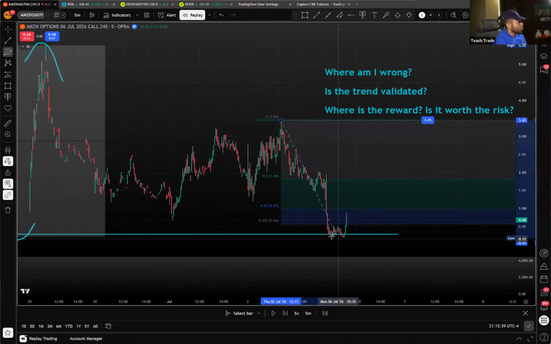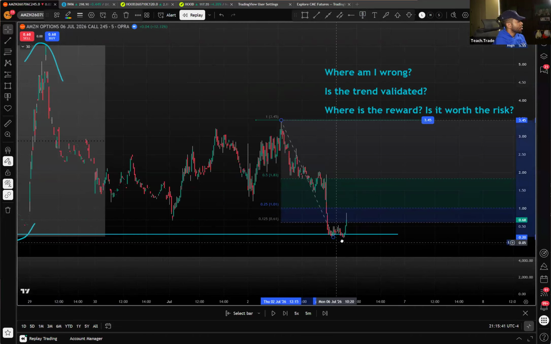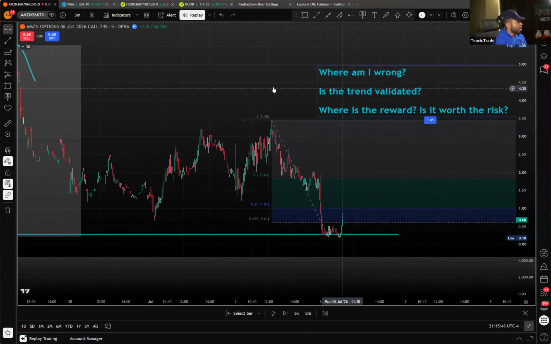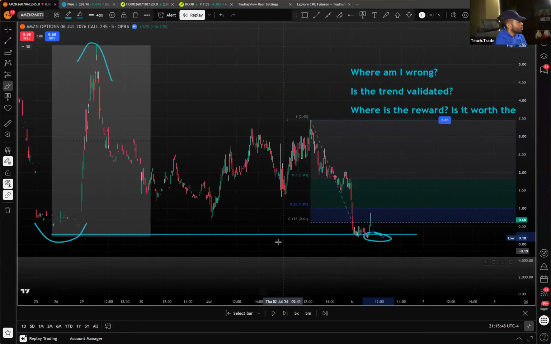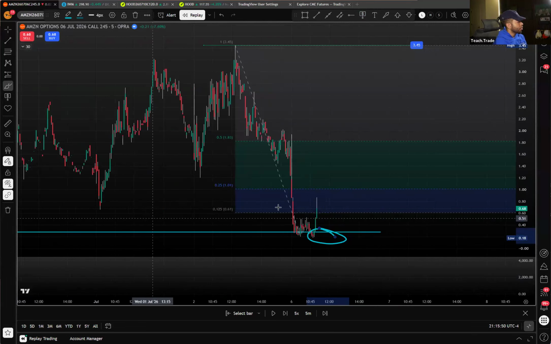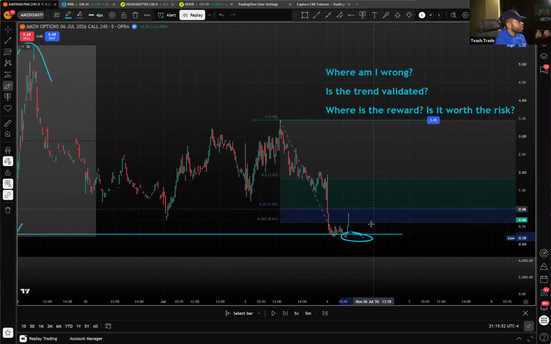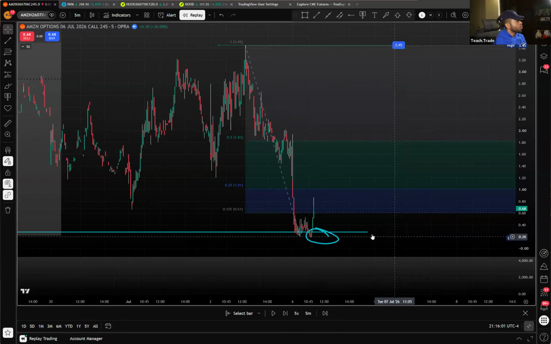And so now where I come into play is simply answering these questions. Where am I wrong? Well, if this trades back below this swing low back here, right? Is the trend validated? Well, that can happen if it crosses a quarter of this range or 8% of this range. And then where is the reward?